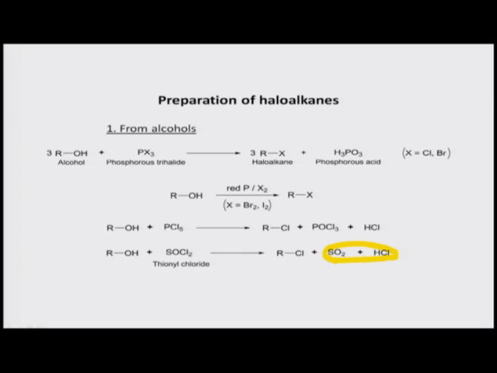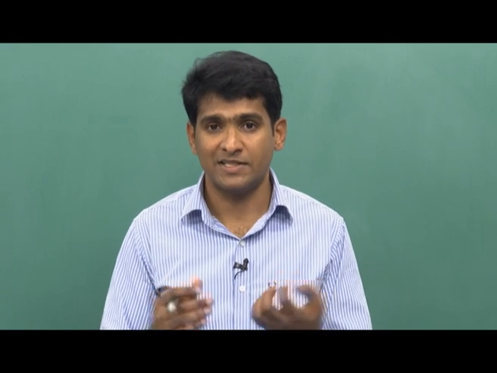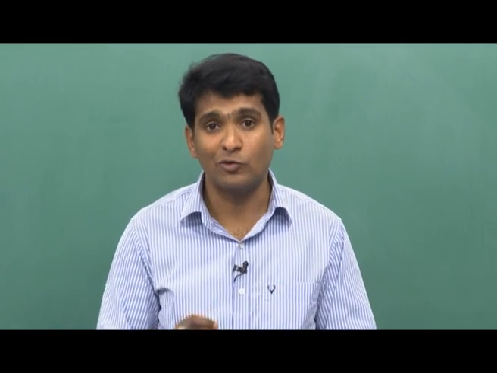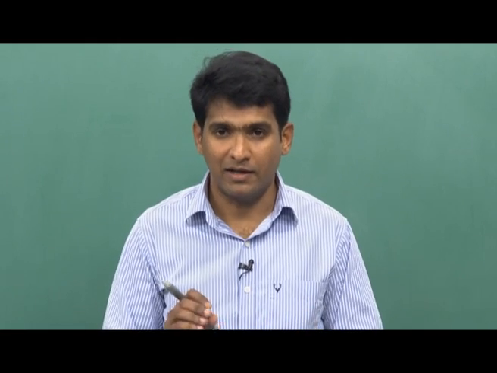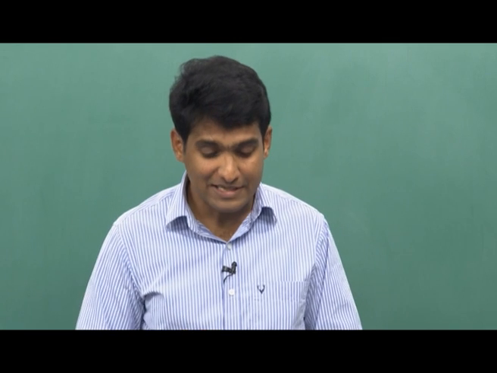So whenever we carry out the reaction of alcohol with thionyl chloride, it is not only that the reaction is an effective one giving us the haloalkane, it also produces gaseous byproducts that will escape from the reaction mixture, allowing us to isolate the products, in this case the haloalkanes, quite easily. So this, for practical reasons, is one of the easiest reactions.